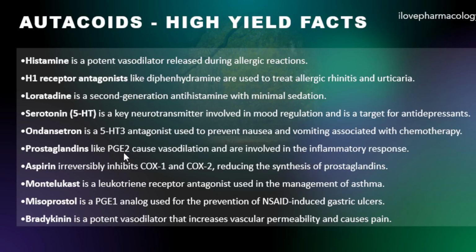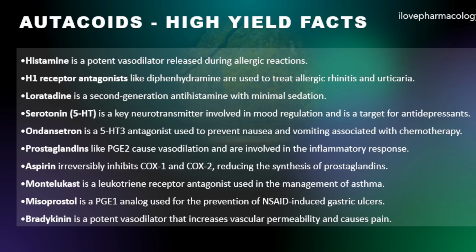Prostaglandins, like prostaglandin E2, cause vasodilation and are involved in inflammatory processes. Aspirin's mechanism of action is that it irreversibly inhibits COX-1 and COX-2, thereby reducing the synthesis of prostaglandin derivatives. Montelukast is a leukotriene receptor antagonist used to treat bronchial asthma as an adjuvant drug.